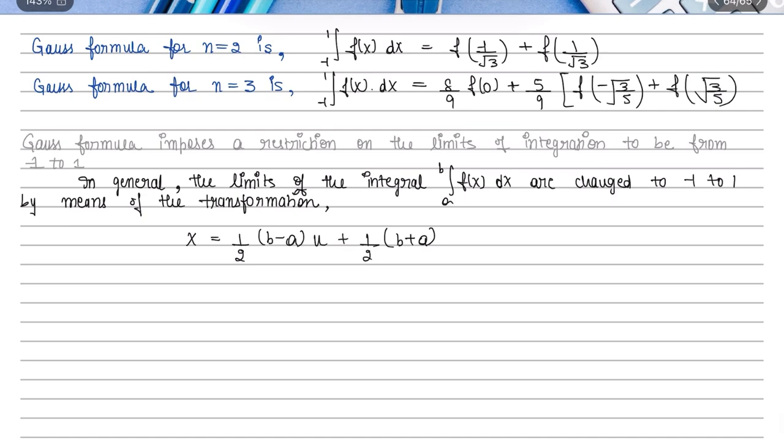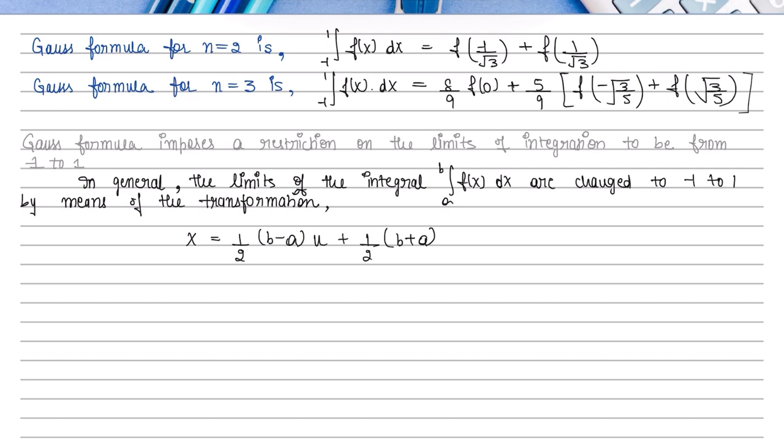The Gauss formula for n equals 2 is f of minus 1 by root 3 plus f of 1 by root 3, and Gauss formula for n equals 3 is displayed here. We also know that Gauss formula imposes a restriction that limit should be between minus 1 and 1 only.